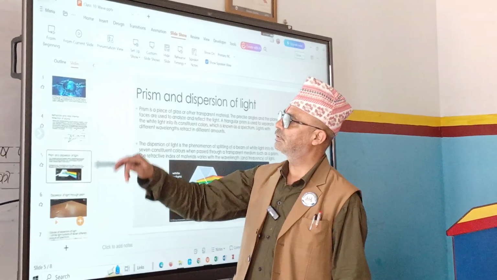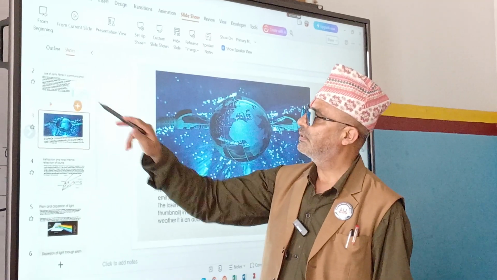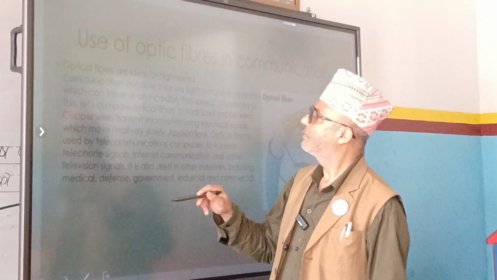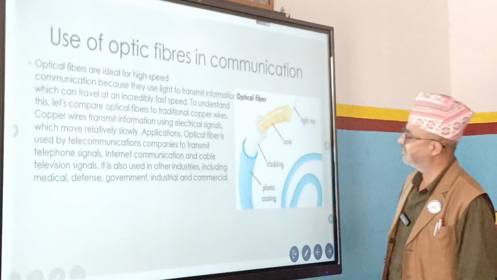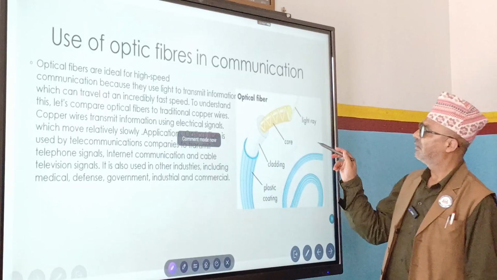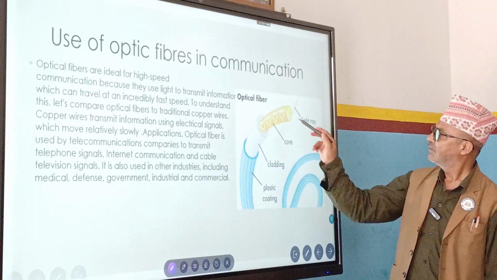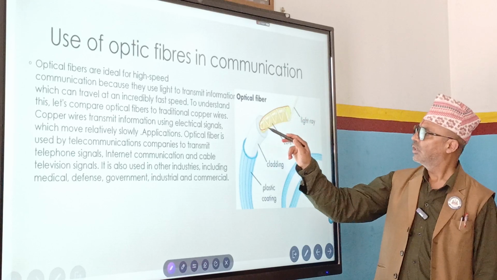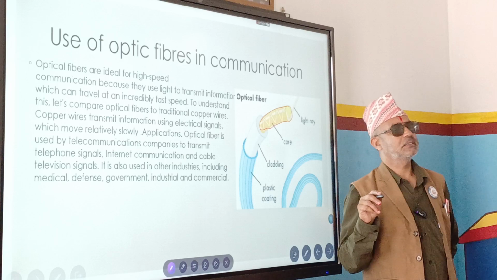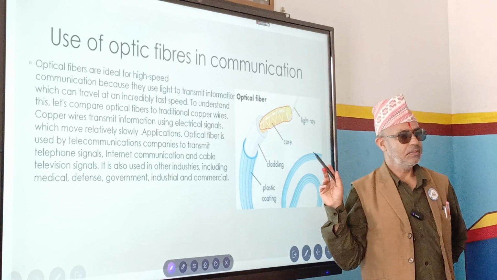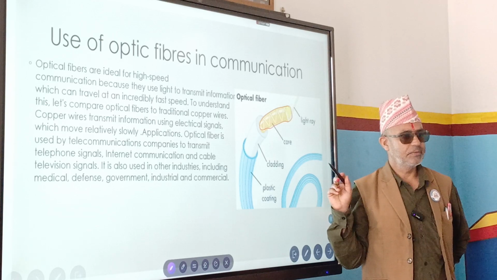We are discussing the portion on light, and here is the use of optic fibers in communication. You can see those fibers here. This yellow colored one is made of glass. It is made of glass, right?